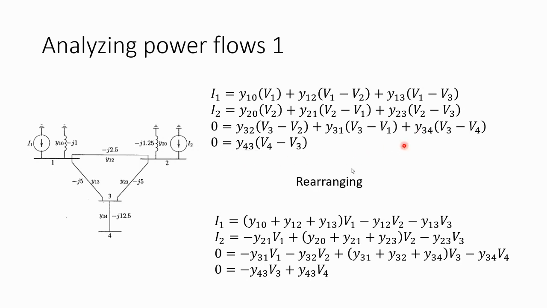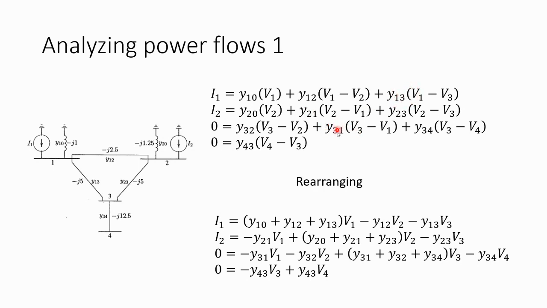I hope you notice that when we look at the same branch, but from a different bus, we actually get a different notation of the same admittance. Y34 versus Y43 is one example. Y12 and Y21 is another example.